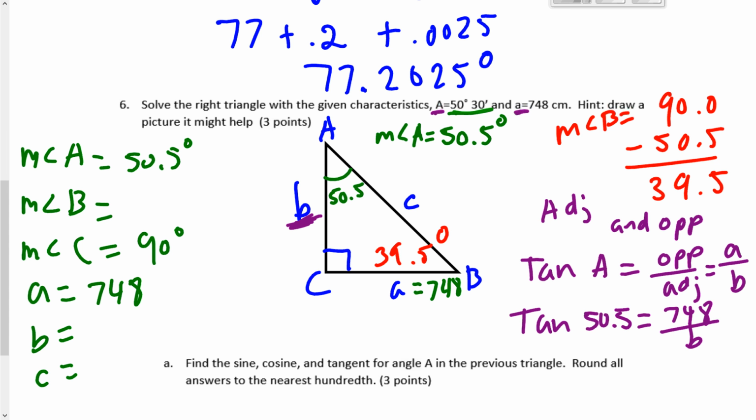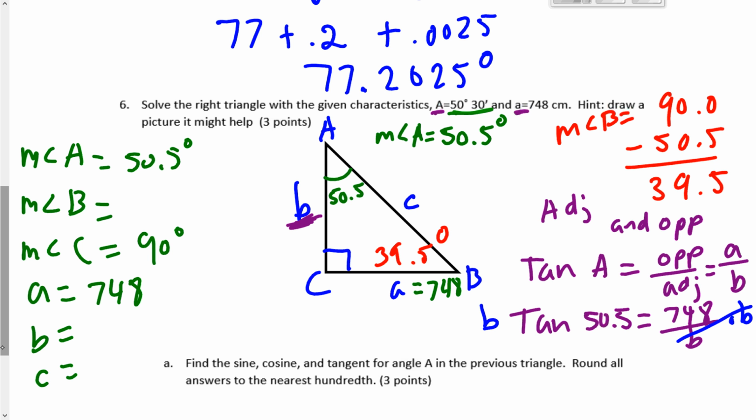So here's a little bit of a tricky one. Usually you use tangent a lot in the word problems or the application problems, because mostly you're trying to find the length of your hypotenuse, right? So this time is a little bit tricky. Basically, the B and the tangent are going to switch places, because you're going to multiply both sides by B to get rid of that B from the bottom. So this is going to cancel out.